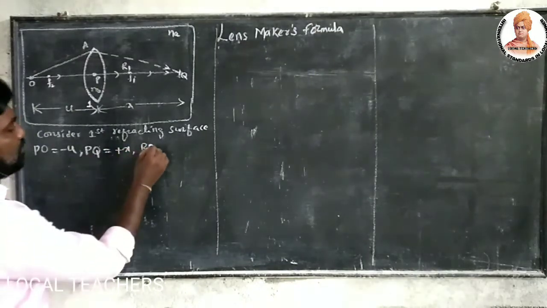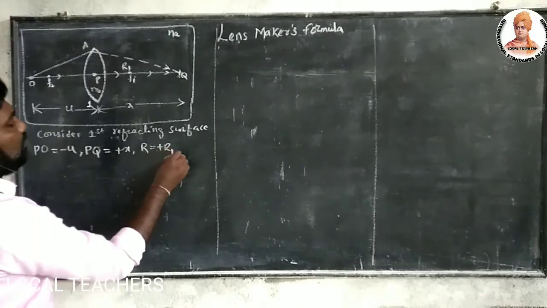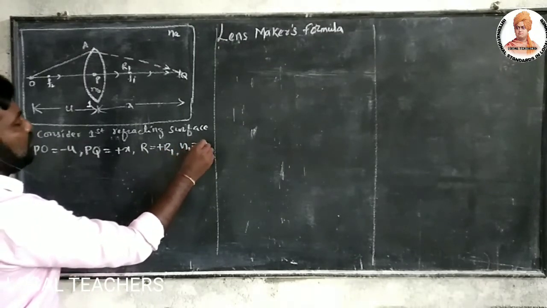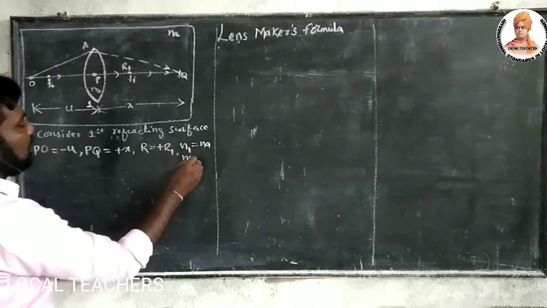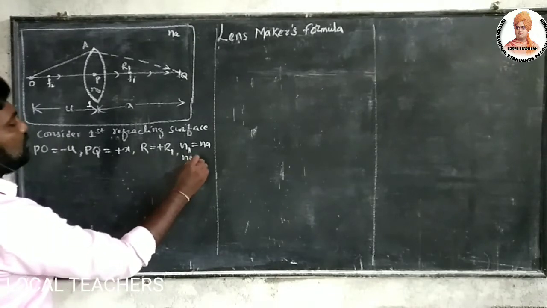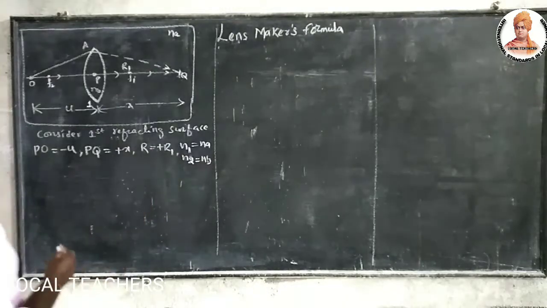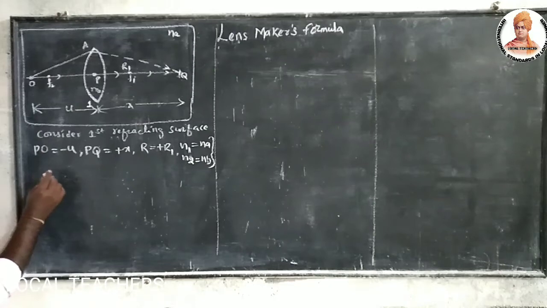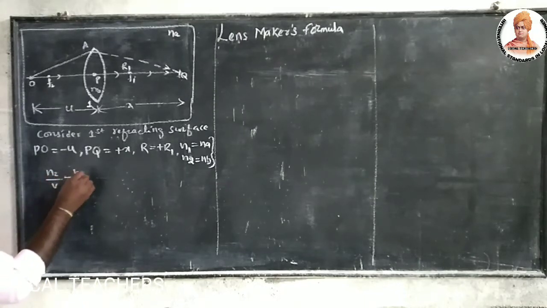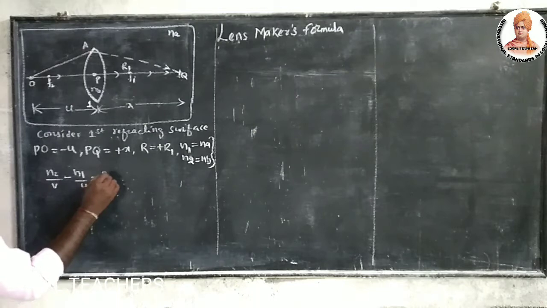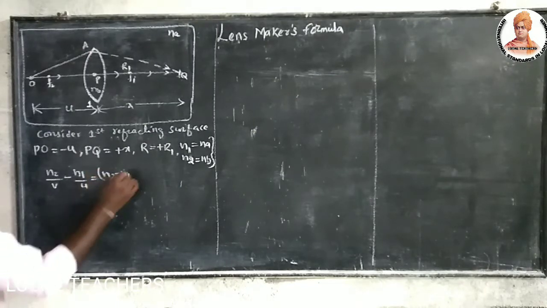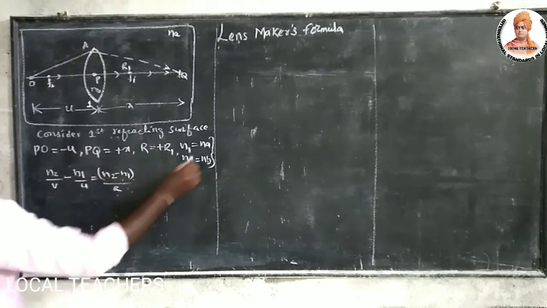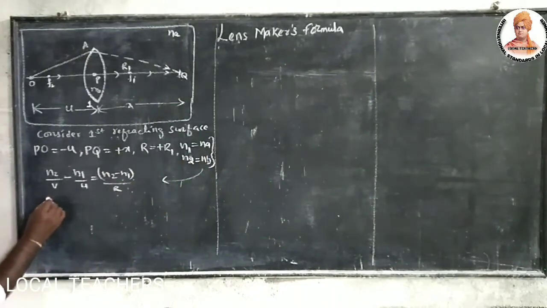The radius of curvature R equals plus R1, N1 equals Na, and N2 equals Nb. Apply these values in the derivation of the curved surface formula, that is N2 by v minus N1 by u equals N2 minus N1 by R. Substitute these values in this equation.